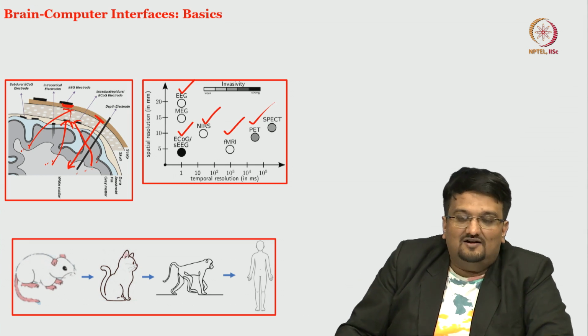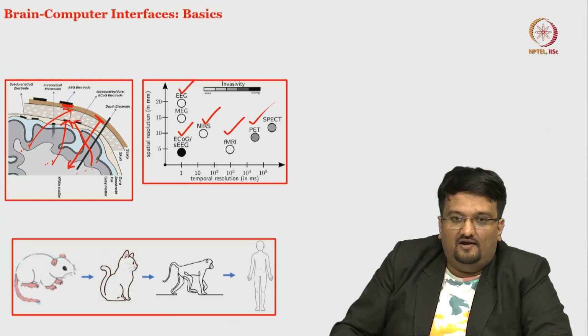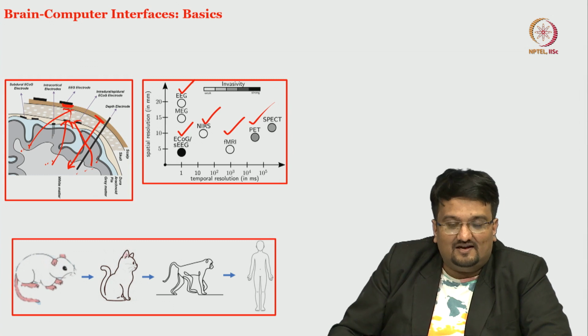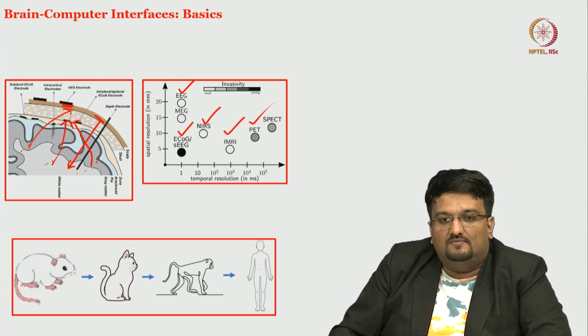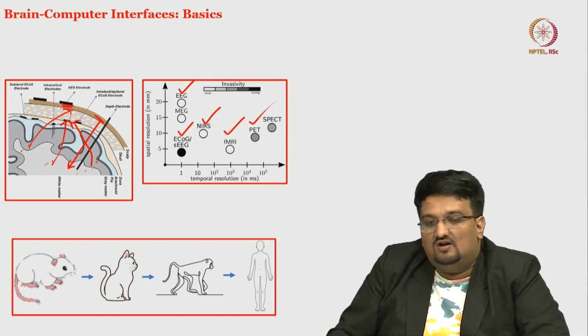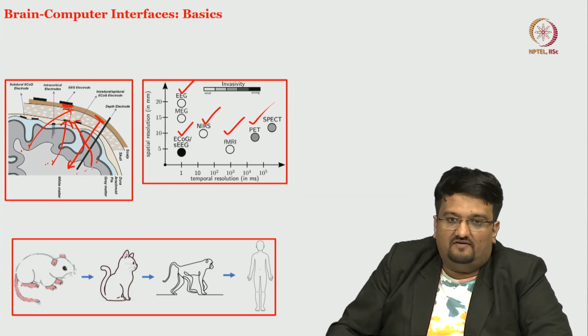Based on that, if epilepsy is there, you should go for one particular modality. If brain stimulation is there, you should go for another. If Alzheimer's, anxiety, or depression is there, there are several neurological disorders. Based on that, you have to decide. It's a subjective way of treatment which needs to be identified, and for which neurophysiologists, doctors and everyone come into the picture.